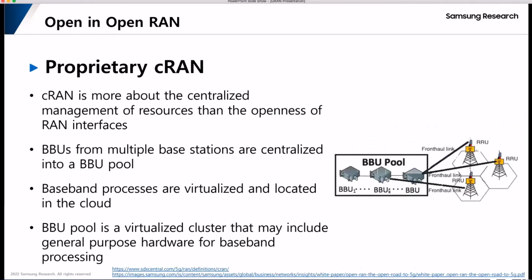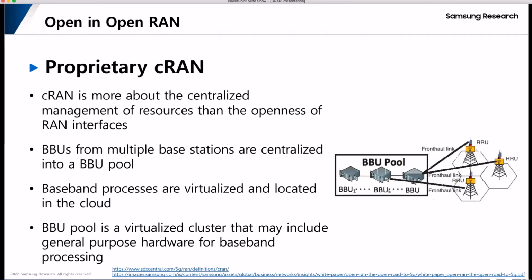And then we also have a CRAN. CRAN is another similar thing compared to vRAN, except that the difference is that a CRAN focuses on centralized management of units. CRAN stands for centralized cloud radio access network.